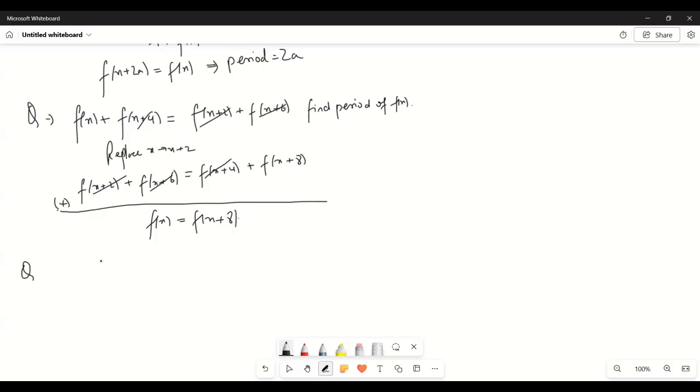अच्छा, next question. ये थोड़ा सा enhanced है. If f of x plus 1 plus f of x minus 1 is root 3 f of x. Find the period of f. We replace.